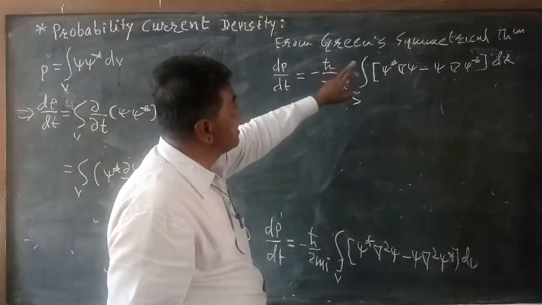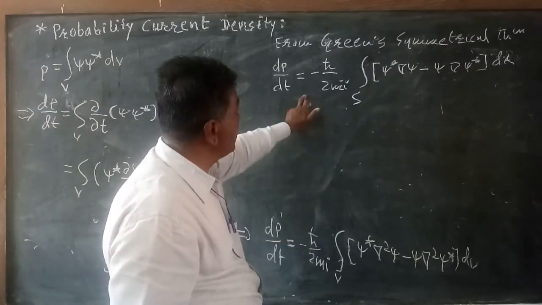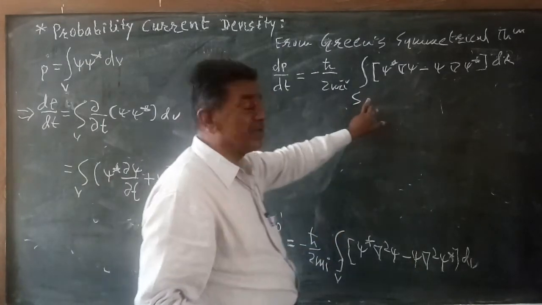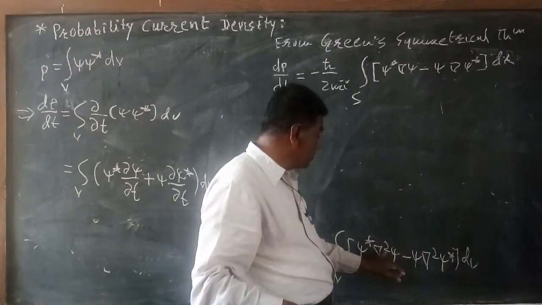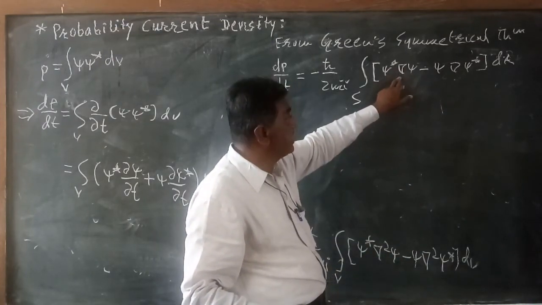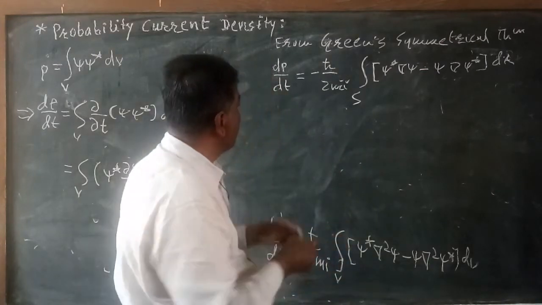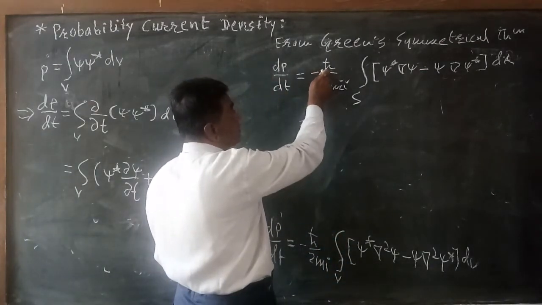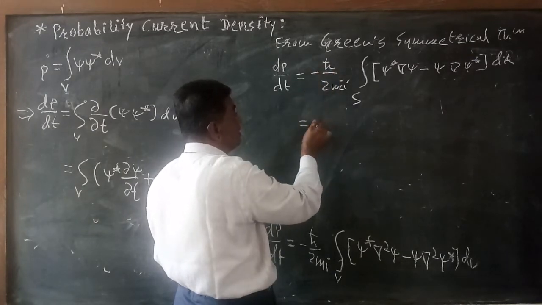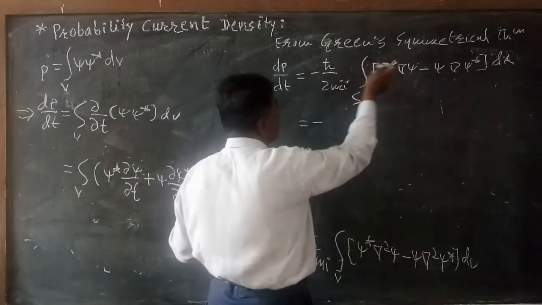So from Green's symmetrical theorem, the volume integral can be converted into a surface integral. Instead of del square we are getting only the del, so we get this equation. This will be equal to minus, with the minus sign kept as it is, and this term we take to this side.